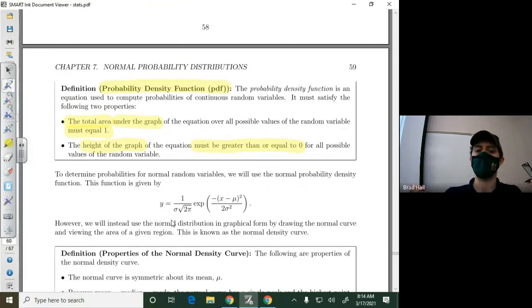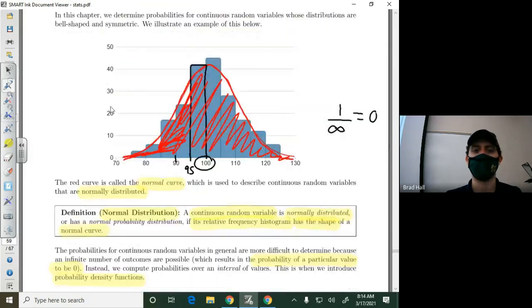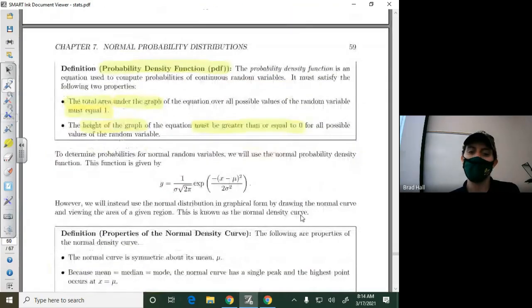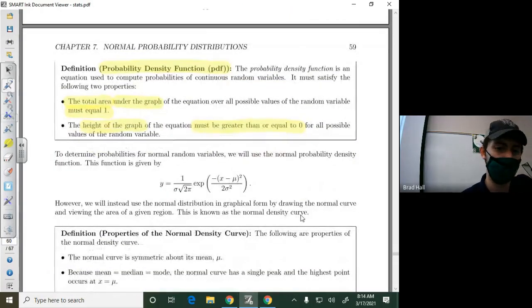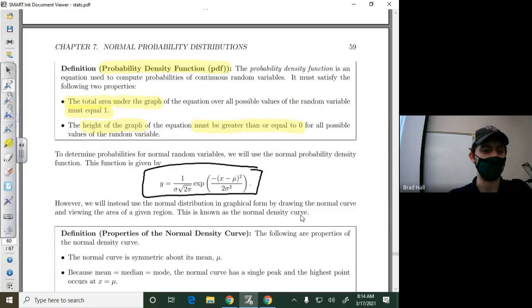Now we're looking at a specific type of continuous random variable, a normal one. So basically when we have a very nice bell-shaped distribution of data. And so the simple function that we're going to use is given right here. Okay, I'm kidding. We're not using this function, but it's a pretty complicated looking formula.